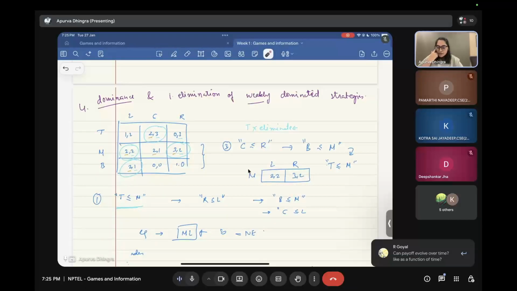It depends which kind of scenario you're talking about. Payoff can evolve with time, but we are taking a scenario where that's not the case. Actually, throughout this course, we are assuming payoffs are not changing. They are constant in time.